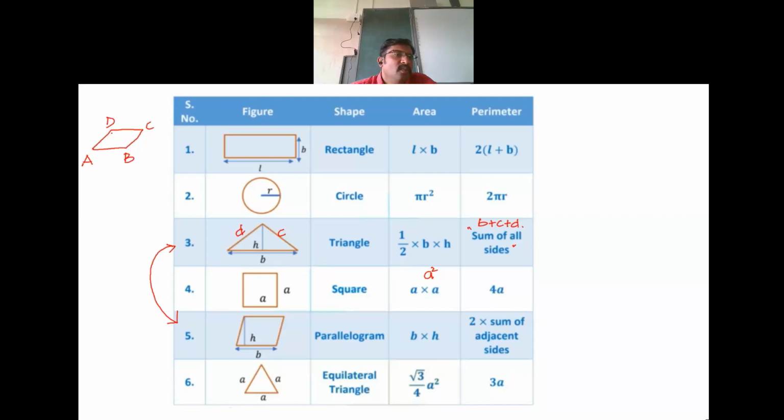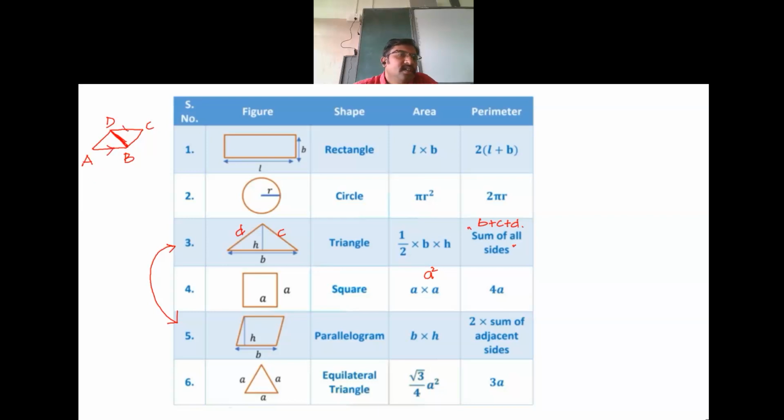Here you go back to class 7th. If I draw a diagonal here, say BD is the diagonal. In a parallelogram, this diagonal will divide the parallelogram into two triangles which are congruent. Isn't it?